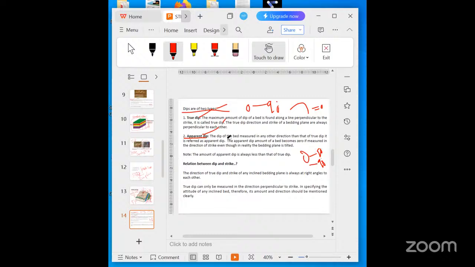And apparent dip: the dip of the bed measured in any direction other than that of true dip is referred to as apparent dip. The apparent dip of a bed becomes zero if measured in the direction of strike, even though in reality the bedding plane is tilted.